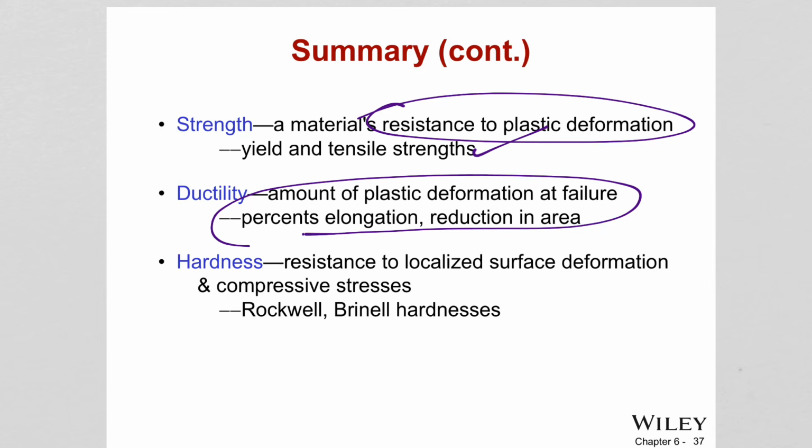Hardness is resistance to scratches, surface deformations, and compressive stress. This is measured with a lot of different hardness tests available. If you look at your books, they give you all of them, and you can correlate those to each other. But in the end, the famous ones are Rockwell and Brinell hardness.